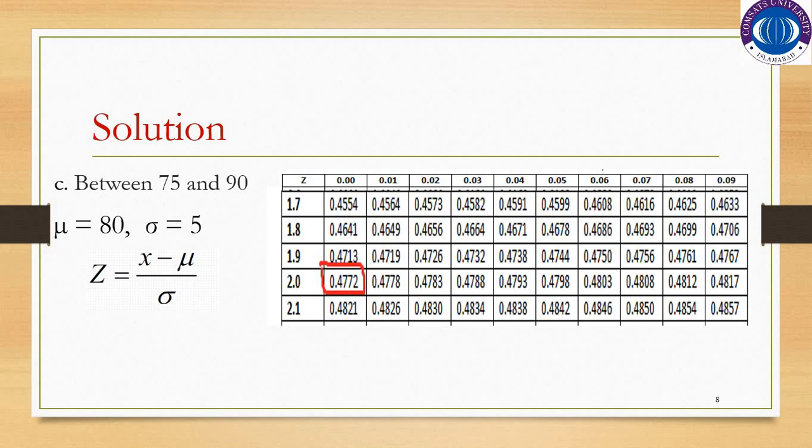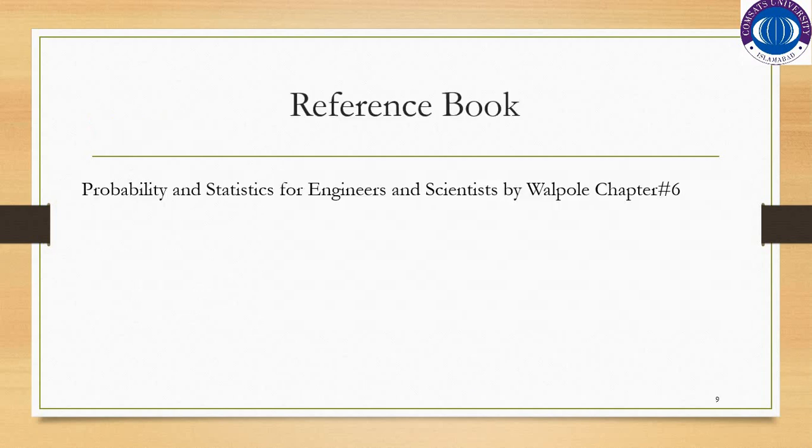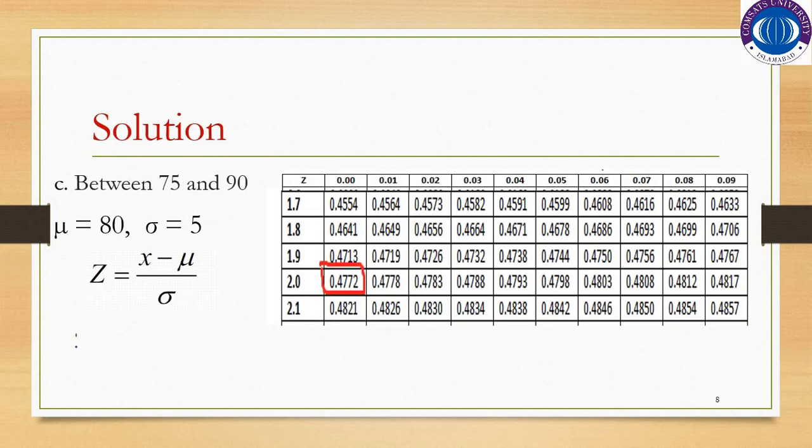Now you have to find between 75 and 90. By substituting the values, you can find out probability Z1 less than or equal to Z less than or equal to Z2, and by drawing the graph you will see that here it is the mean 0 and you can locate 75 and 90, so it will be two values.